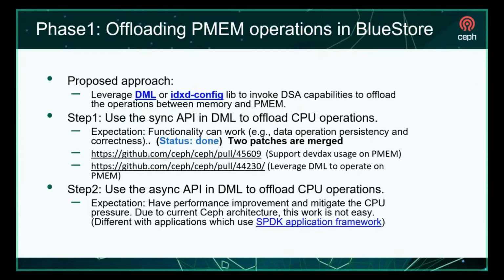And the second step is that we propose to use async APIs in the DML library to offload the CPU operations. This work is still in progress. Firstly, we will rewrite the implementation details in Brewster's PMEM device implementation, and change the sync behaviors on persistent memory to async.